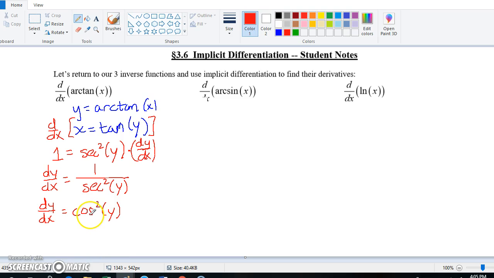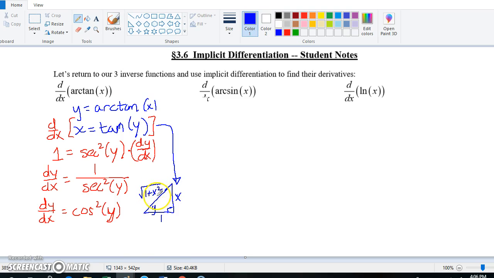We need our answer to be dy/dx in terms of only x, and here we see it's in terms of y. So let's go back to our definition that x is equal to the tangent of y, and let's draw a picture of the angle whose tangent is x over 1. The hypotenuse in this scenario would be the square root of 1 plus x squared.